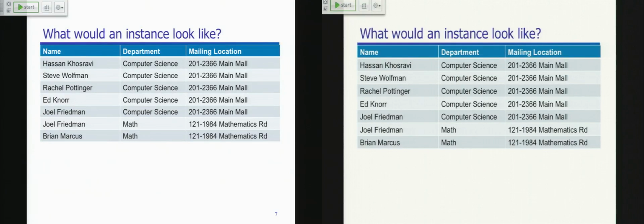That is something that we get back into, that here the rule could be that one determines the other. If the department determines mailing location, we'll have all these problems. If there's not such an integrity constraint in place, then any value you can have is fine and it's not a problem. It's a good question though.